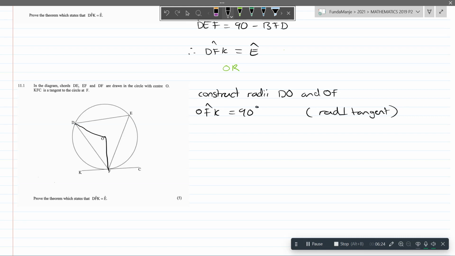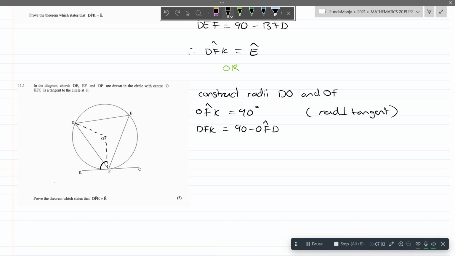Then from this we can say that DFK is equals to 90 minus OFD. So DFK, smaller one, is equals to 90 minus this other smaller one, and that's what we have in this regard. Let me make these dotted lines for our radius like that to show these are constructions and not actually part of our drawing.